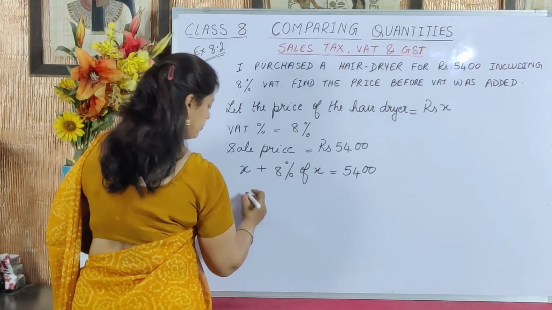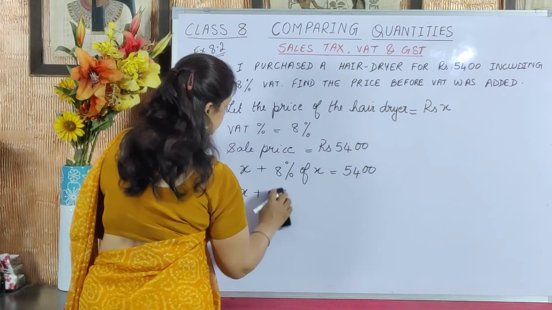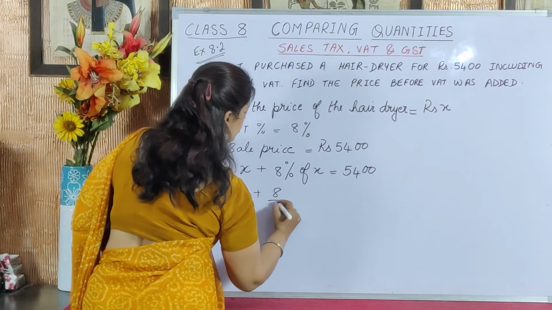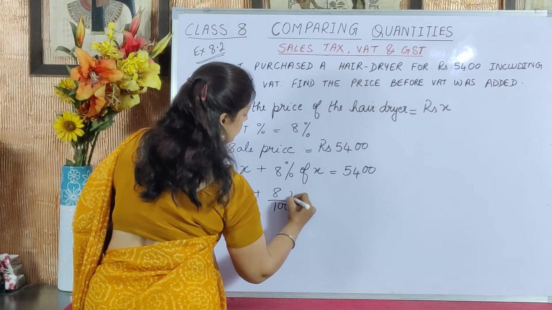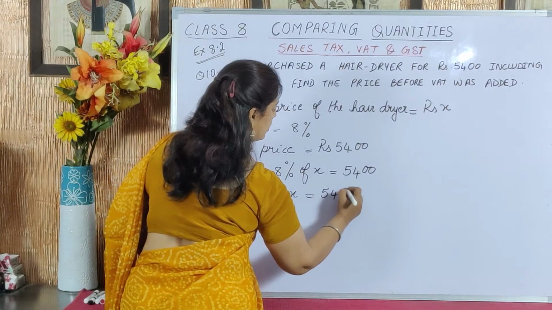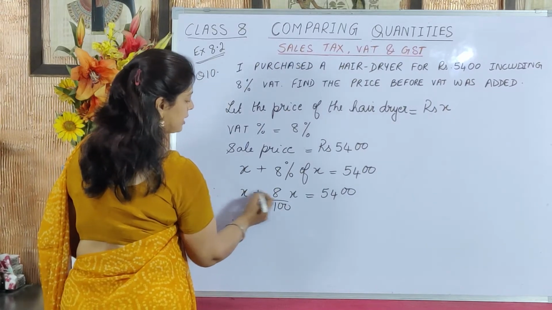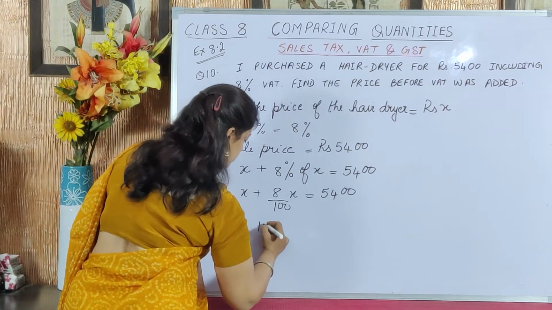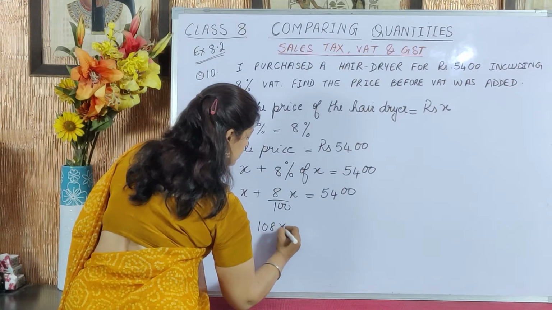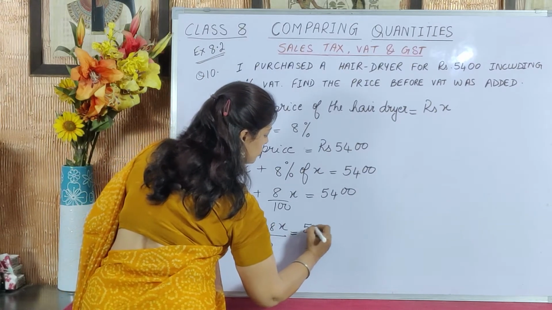Therefore, X plus 8% of X means 8 upon 100 multiplied by X, that is 8X upon 100, is equal to 5,400. Therefore, taking the LCM, 100X plus 8X, that will be 108X upon 100 is equal to 5,400.